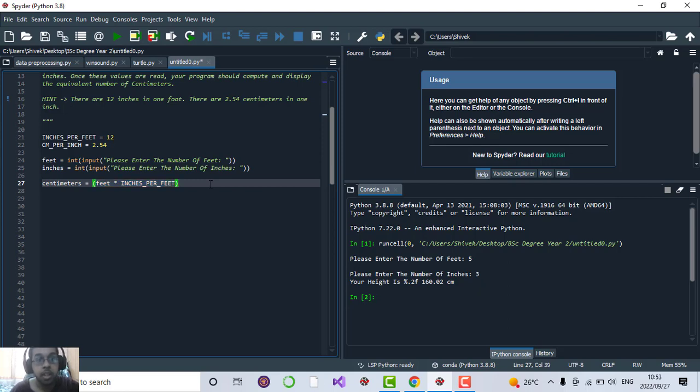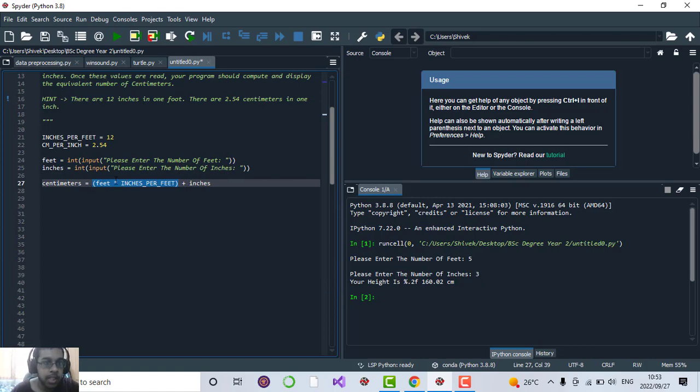Now the next important thing to do would be to handle these inches. Since we do have inches already computed for us, remember I told you the output of this operation is inches, because feet multiplied by number of inches per feet will give us the total number of inches in those feet.